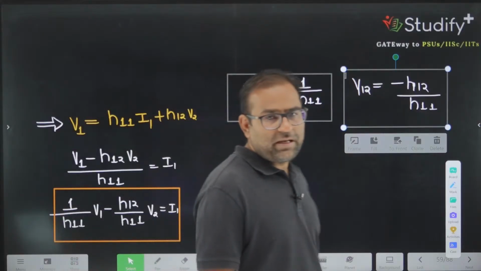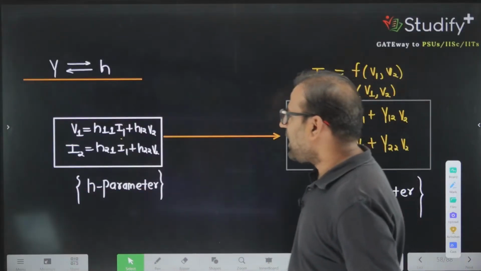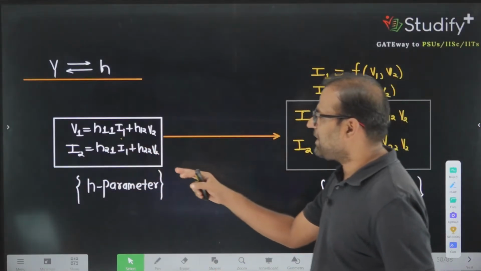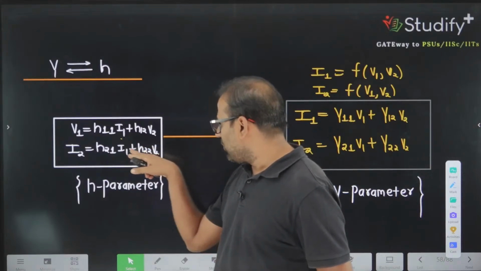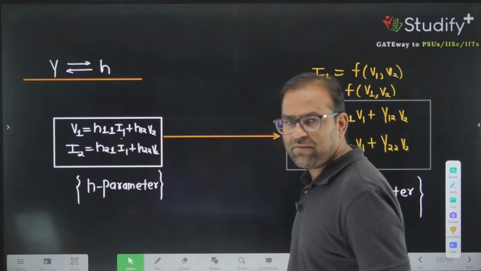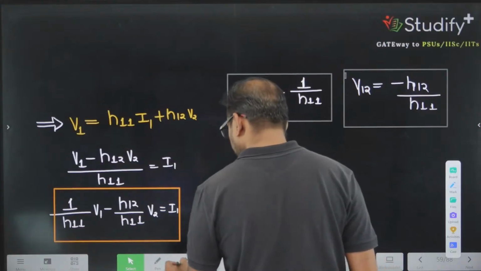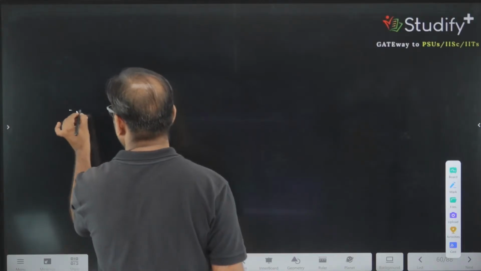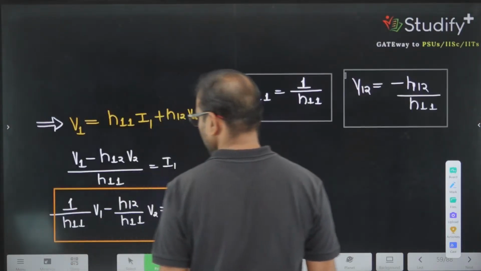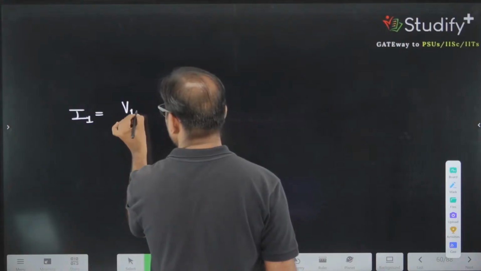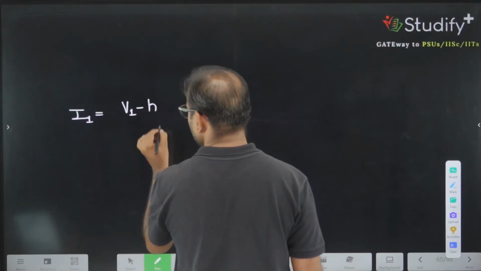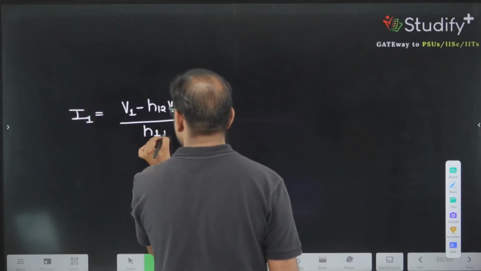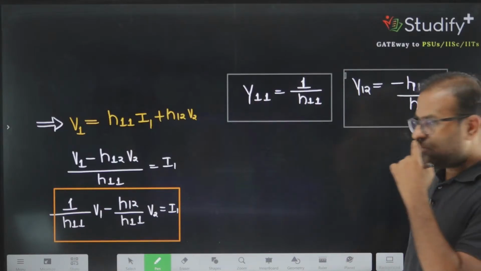Now what is next? Next, when you look at the other equation, here we are having I1, I2 and V2, but we want to represent I2 as a function of V1 and V2. V2 is there but V1 is not there, so I1 is not there, so let's replace I1. Can I say the other formula is this? What is I1? The I1 value is V1 minus H12 into V2 divided by H11. Correct? And what is your second equation?